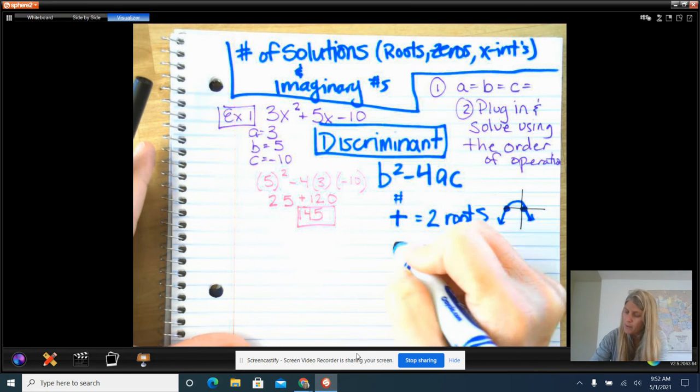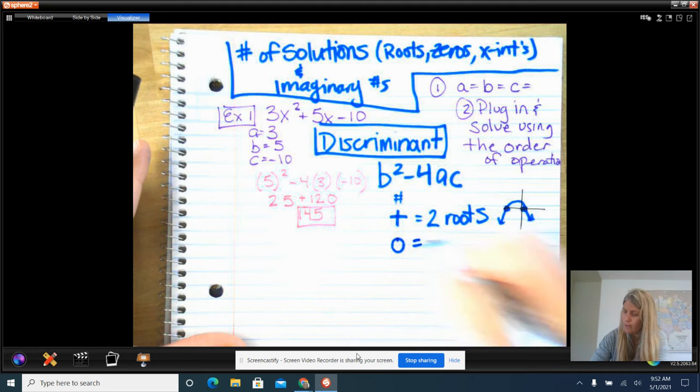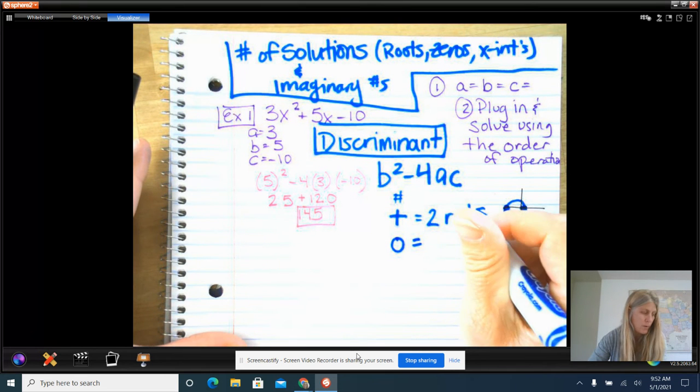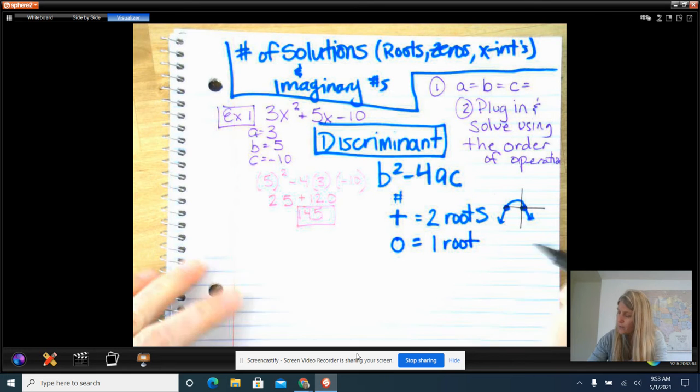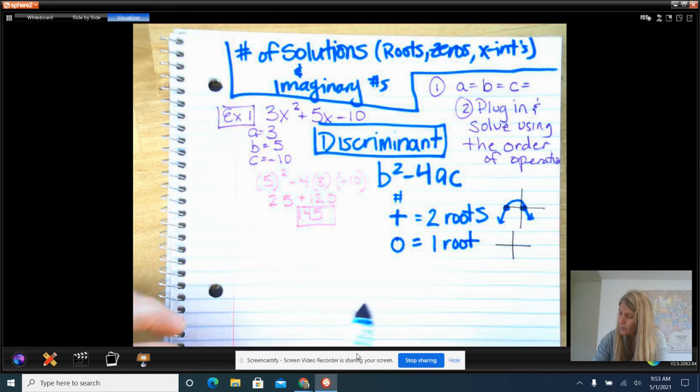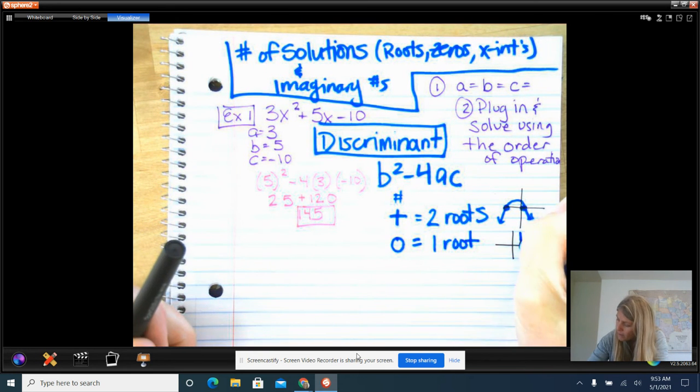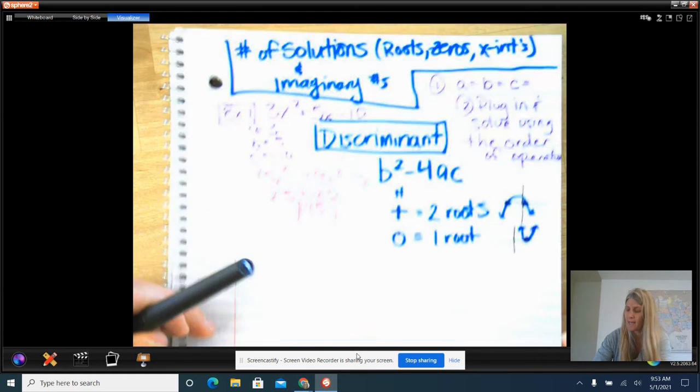Now, if the number ends up being 0, then that means there is going to be 1 root. So that means we have a parabola that has its vertex on the x-axis.